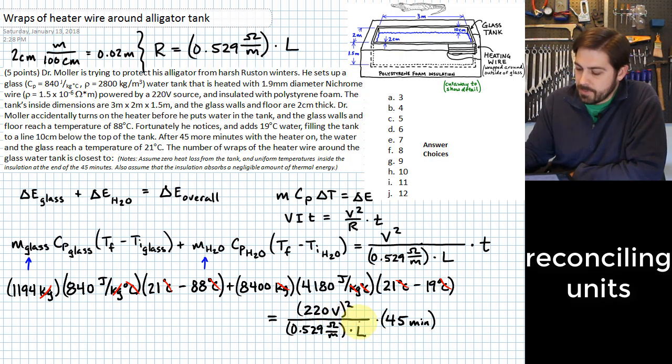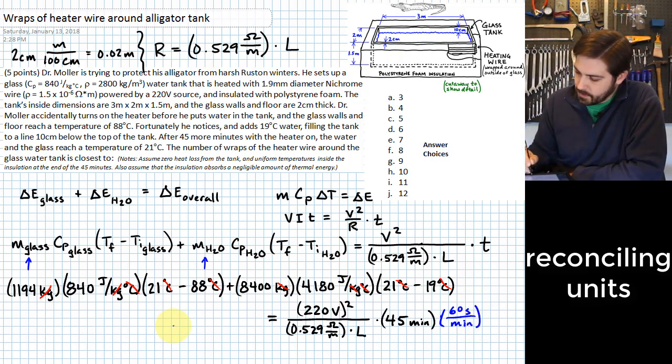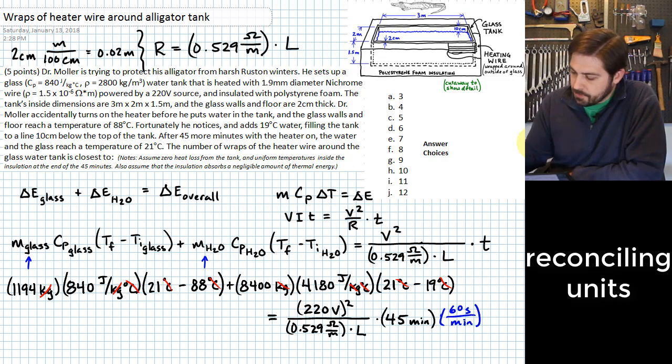So if we want the time that we multiply by to cancel the exact units that come out for watts, we need it to be in seconds, and so I'm going to multiply this by 60 seconds per minute. Okay, and that's a big messy equation, and ultimately what we want to solve for is L.